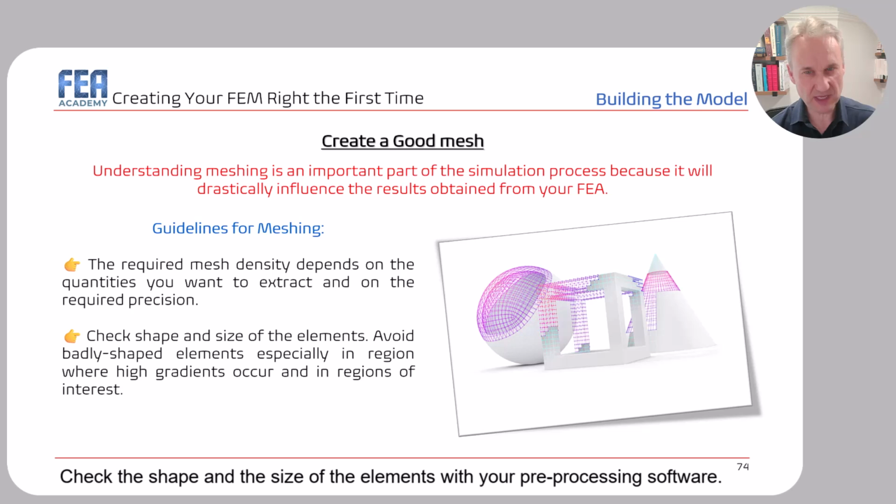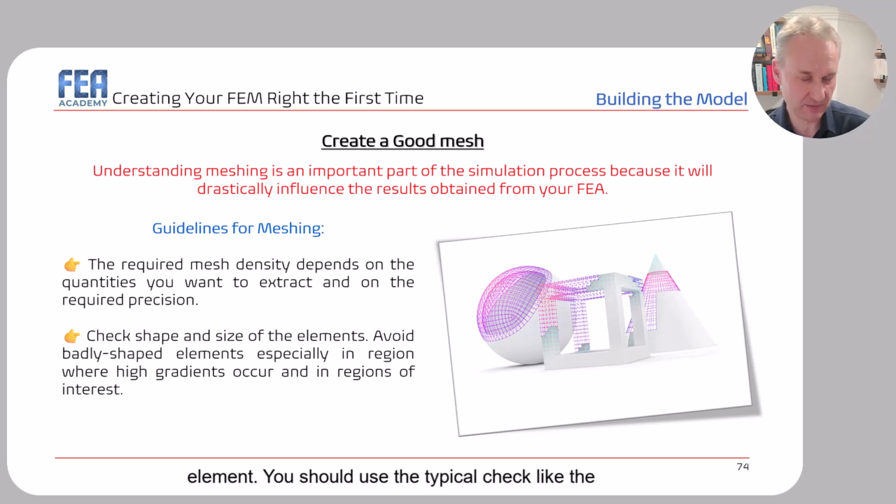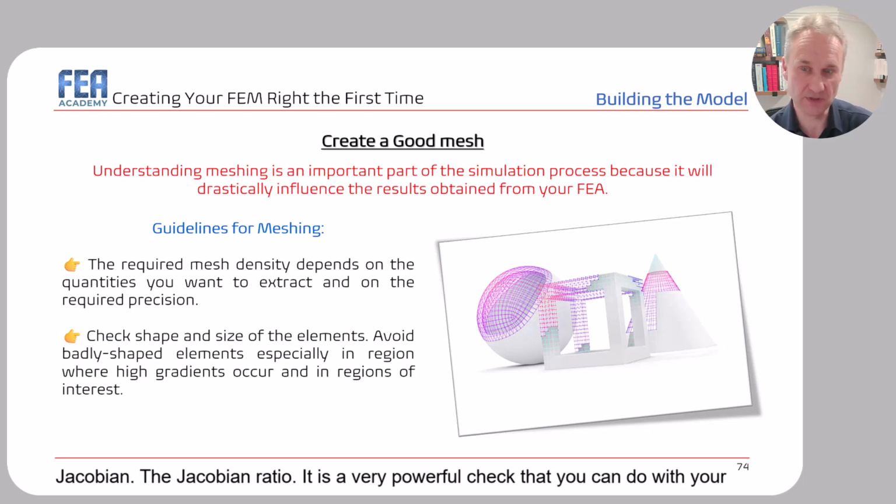Check the shape and the size of the elements with your pre-processing software. The inner angles should not deviate too much from those of a regularly shaped element. You should use the typical checks like the Jacobian ratio.